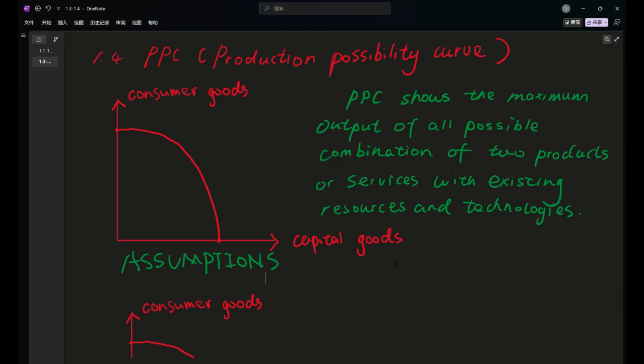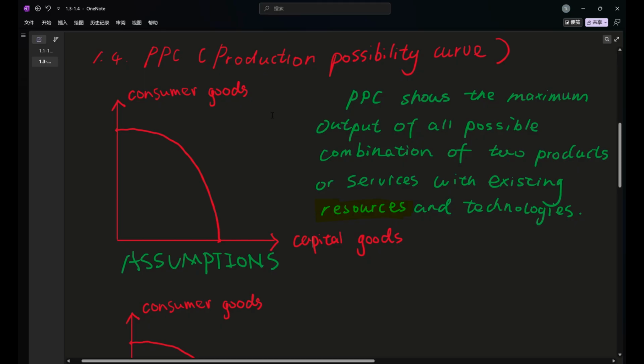So the key assumptions are, okay, let me change the color of my pen first. So the first one is resources. I don't know whether you notice that. Resources are fixed.